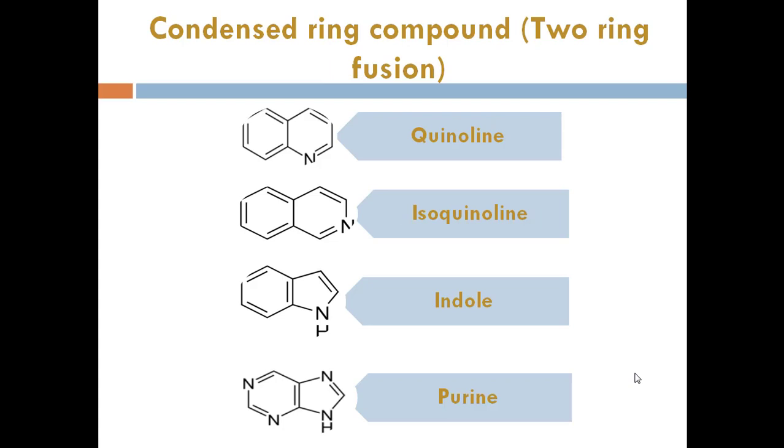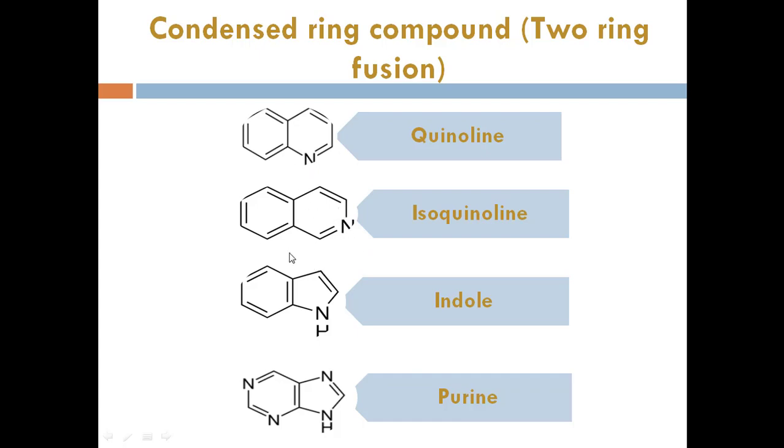Then condensed ring compounds, 2-ring fusion: quinoline, isoquinoline, indole and purine. See, in quinoline, isoquinoline and indole, one is a benzene ring, right? In quinoline, the benzene ring is fused with pyridine. In isoquinoline also the benzene ring is fused with pyridine. But here the position of nitrogen is different. Here nitrogen is present at one position, and in isoquinoline nitrogen is present at 2 position.